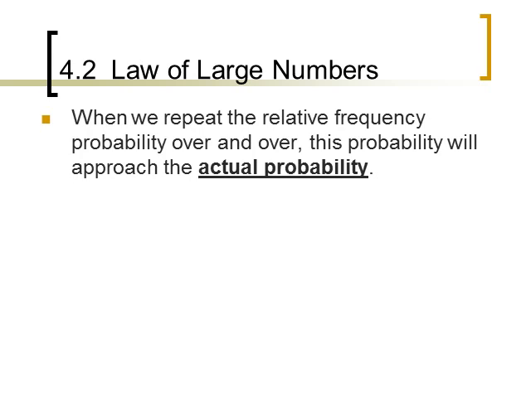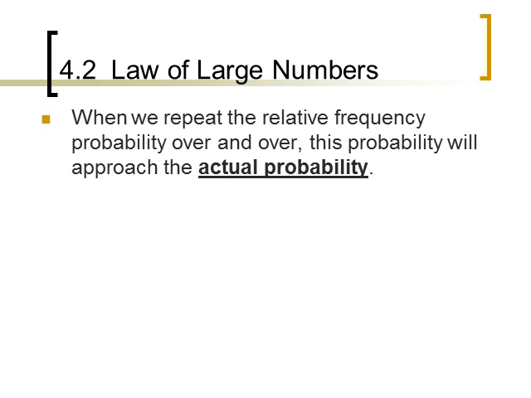When we repeat the relative frequency probability over and over, the estimate will begin to approach the actual probability. So when we're conducting a trial and we want to see the probability of tossing a coin and getting heads, well, if we only did it 10 times, it's possible to get tails each time.